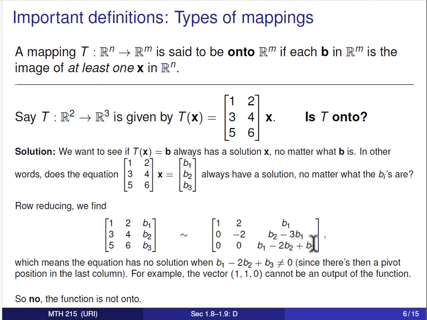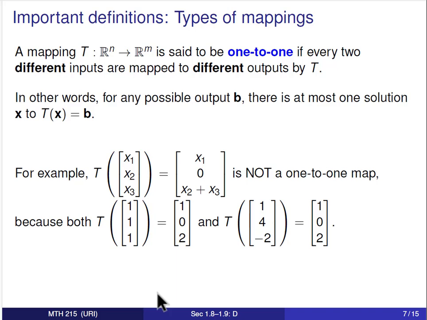If this entry is non-zero, then you'll have no solution because there would be a pivot position in the last column. So, as one example, (1, 1, 0), if b1 was 1, b2 was 1, and b3 was 0, this would end up being non-zero, and so (1, 1, 0) cannot be in the range, and so the function is not an onto function.